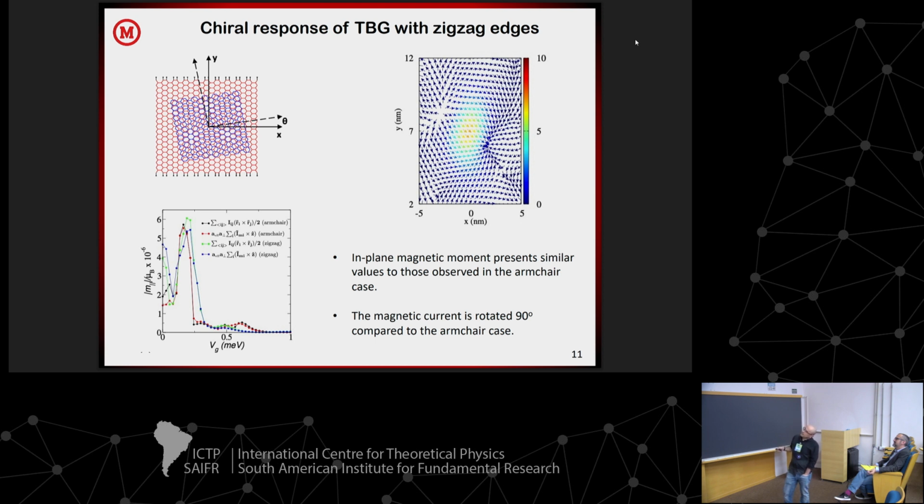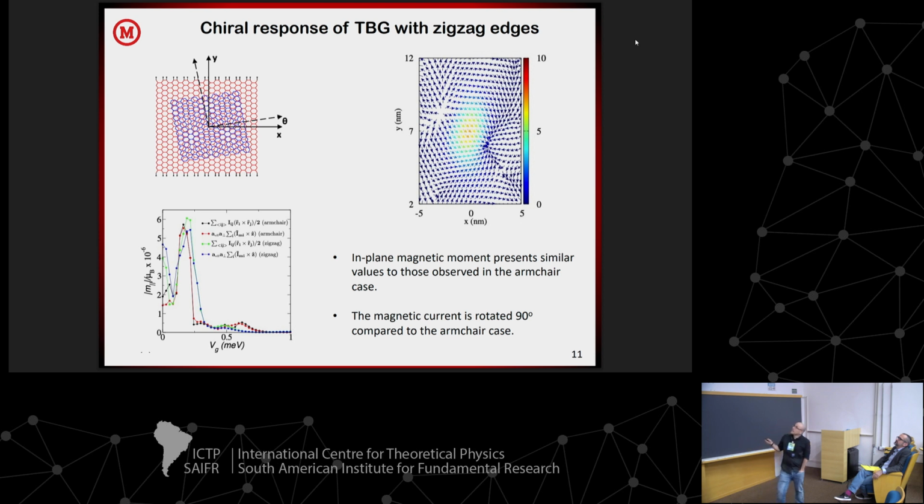Here, for the same region that I showed you before, we have the in-plane magnetic moment calculated by the local and the global formula for the armchair and zigzag orientation. It's actually the same region, but for the armchair the current is injected from the left to the right, and in the zigzag it is injected from the upper to the lower edge. And you can see that they have similar magnetic response.